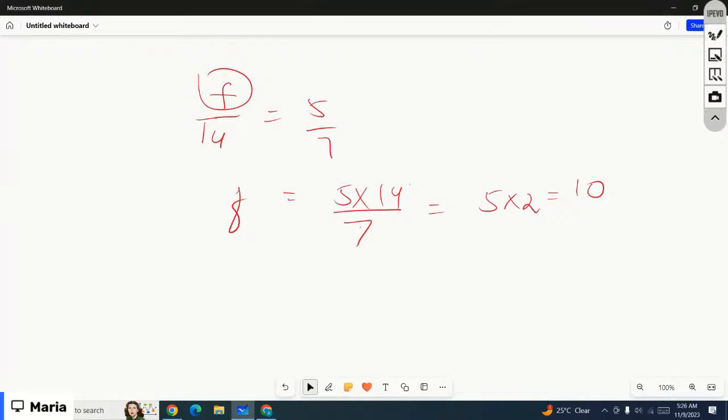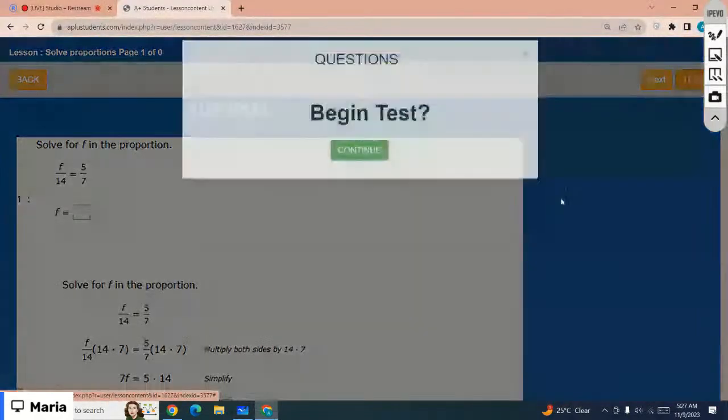So the value of f is 10. The correct option is 10. Okay, let's just start with the practice questions.